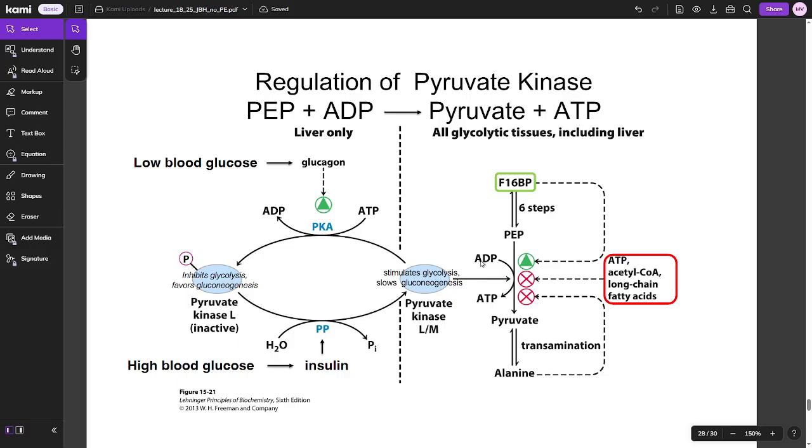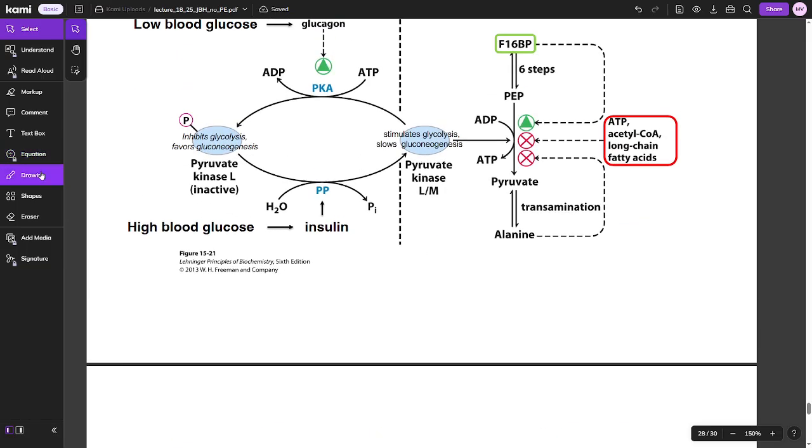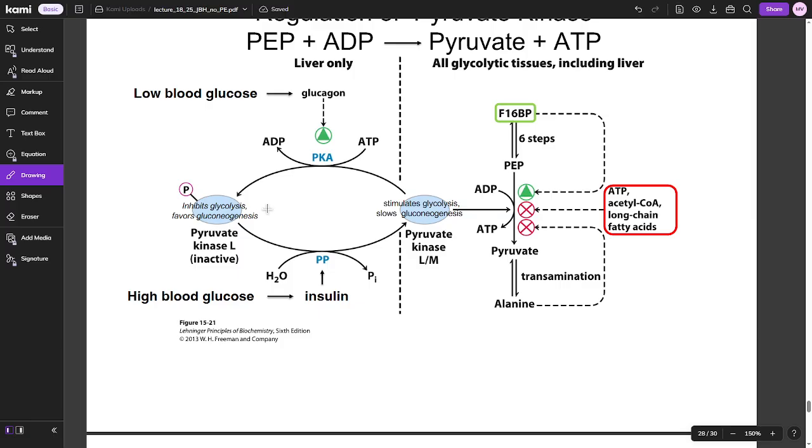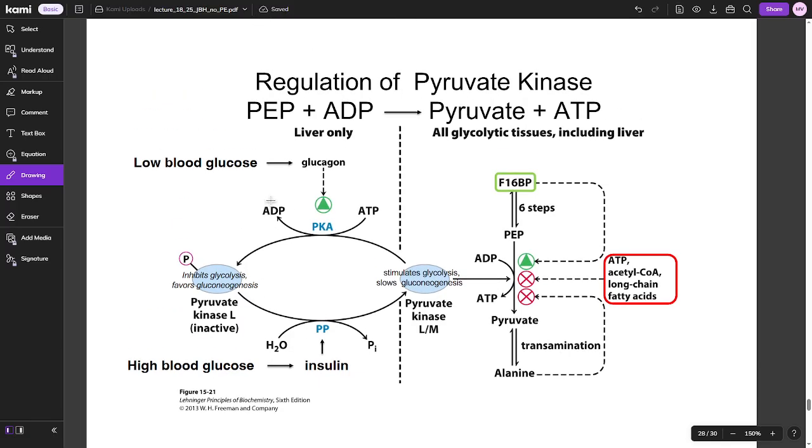Now, pyruvate kinase is much of the same. There's really no secret here. We're back to the protein phosphatase. And of course, gluconeogenesis only occurs in the liver. But for pyruvate kinase, let's think about this.